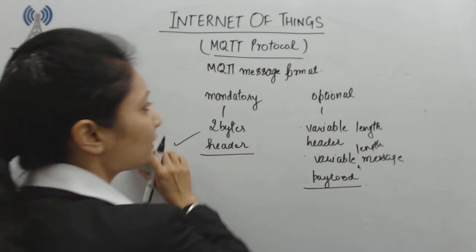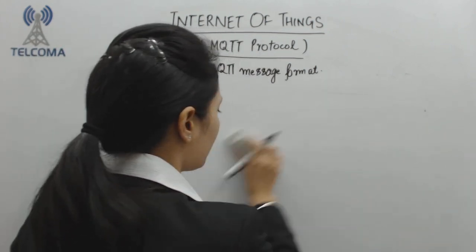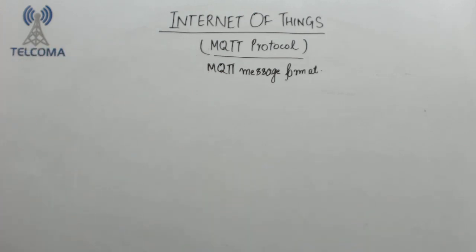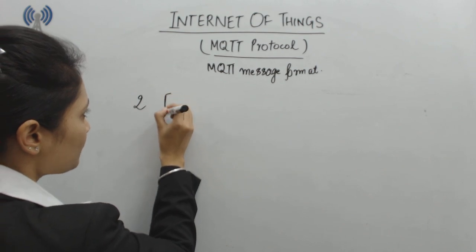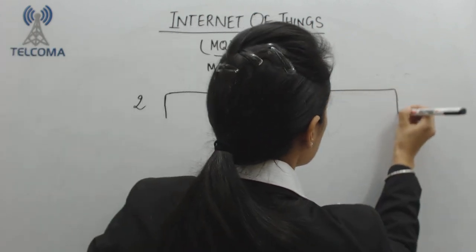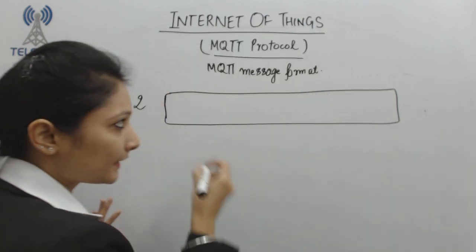Now we will see how these are arranged here in the MQTT message format. So here is my first 2 bytes field, which will be your header message. It will consist of these fields.